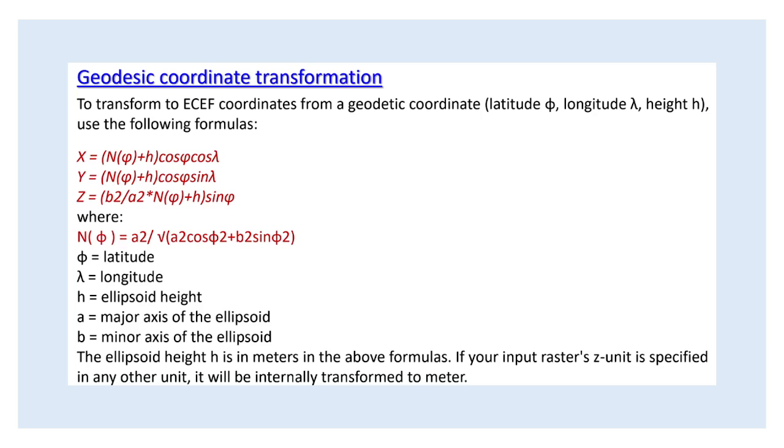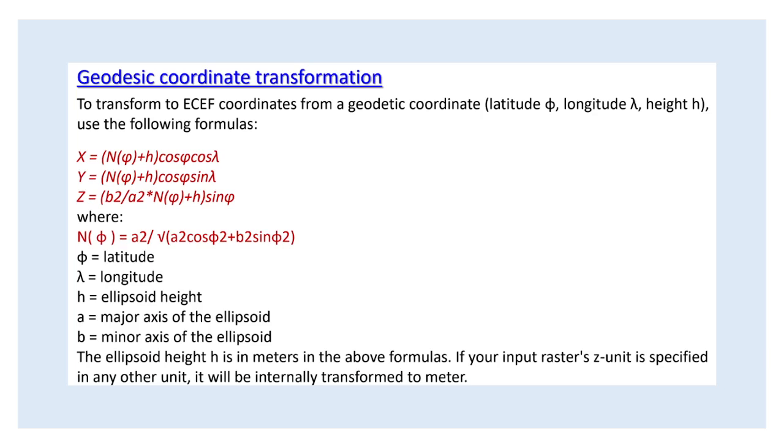So the ellipsoid height h is in meters in the above formulas. Whenever we are making such calculations, you have to keep in mind that you need to know what units the measurements are given in. Otherwise, it's going to be confusing, right? Because angles can be given in different units, and the distance measurement can be different, so that needs to be specified in order to understand the output that we are getting.